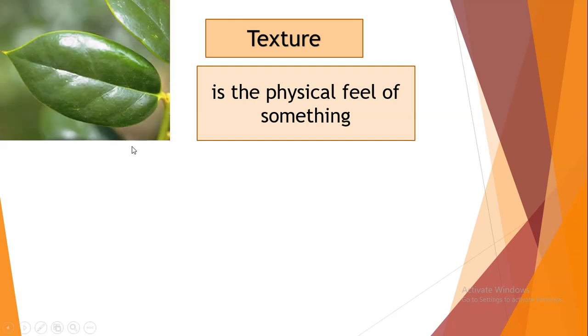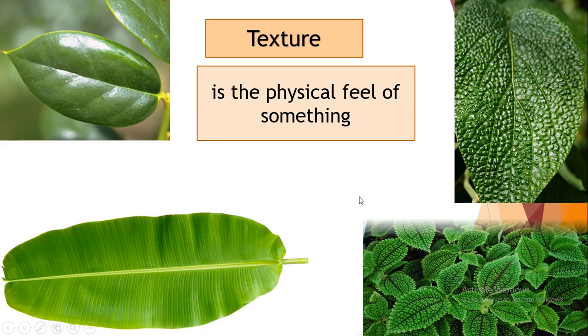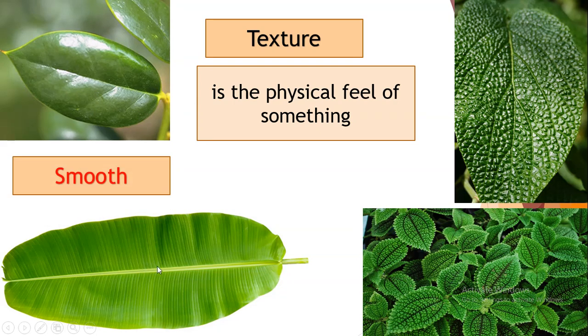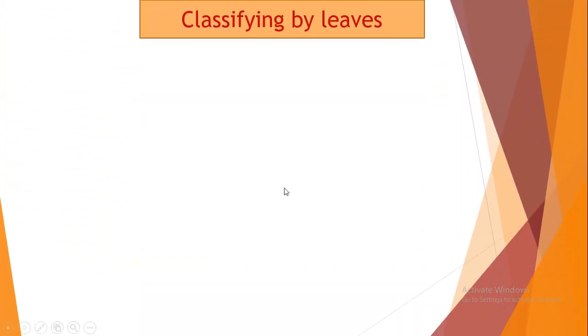Now, we have two kinds of textures. Smooth texture, like banana leaf, and rough texture, like cucumber leaf.